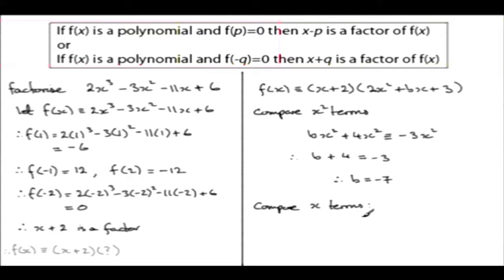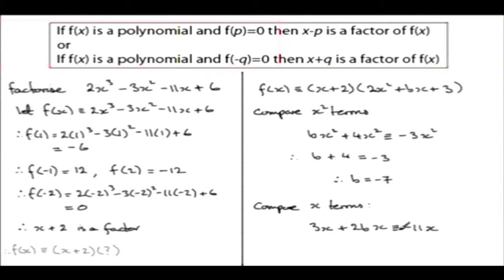So it'd have 3x. And then don't forget we've got to do the 2 multiplied by the bx here. 2 times bx will give us an x term, 2bx, so that'd be plus 2bx. And what's that got to be identical to? Well, we hope that it will come to this x term here, minus 11x.